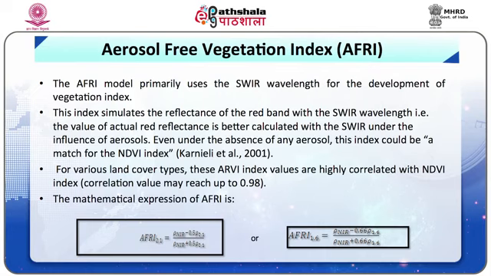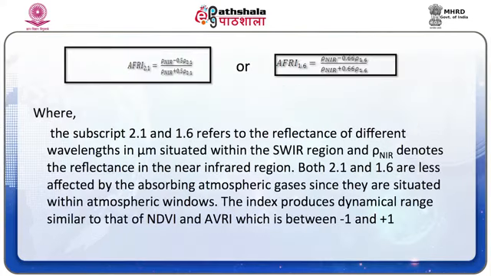For various land cover types, these AFRI values are highly correlated with the NDVI index. The correlation value may reach up to 0.98. The mathematical expression of AFRI is given in equations 9 and 10, where the subscripts 2.1 and 1.6 refer to the reflectance of different wavelengths in micrometers situated within the SWIR region, and NIR denotes the reflectance in the near infrared region.